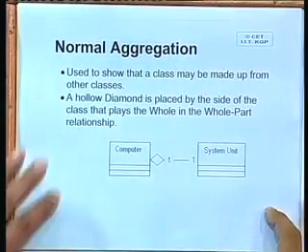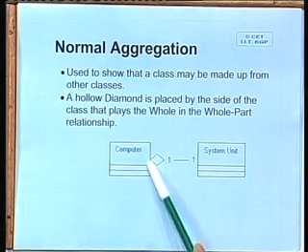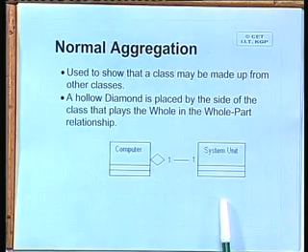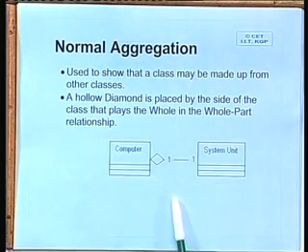The first one, that is the normal aggregation. The basic idea is used to show that a class may be made up from other classes. Okay, a hollow diamond, this is the hollow diamond symbol, is placed by the side of the class that plays the whole in the whole part relationship. So, here is an example of a computer and its system units, and usually it is 1:1.